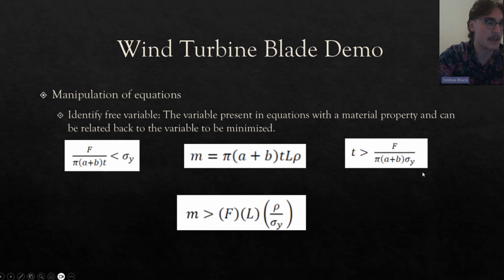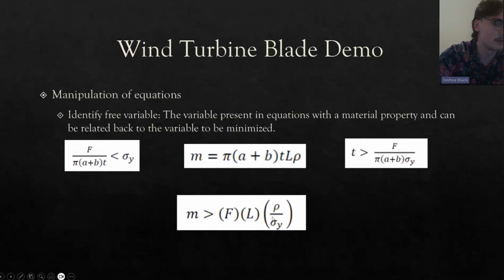The pi A plus B kind of canceled out. And we are given this constraint here. Our L, the length of our turbine blade, would be our constraint for our geometry. The force is our physical constraint. And then this ratio here, our density divided by yield strength, is actually the inverse of our MPI ratio. So this is the ratio that we want to work with in order to minimize mass.